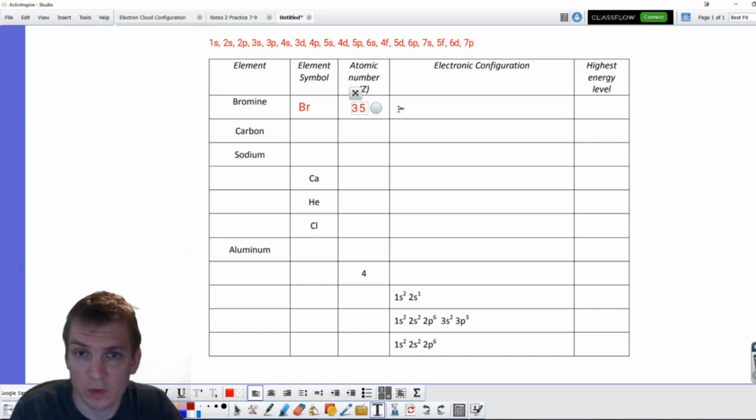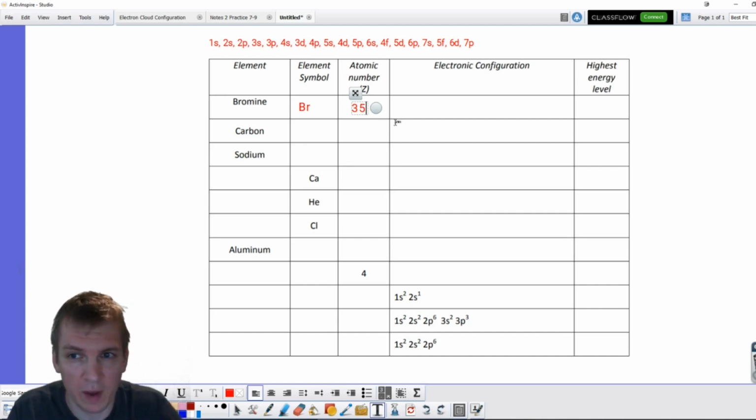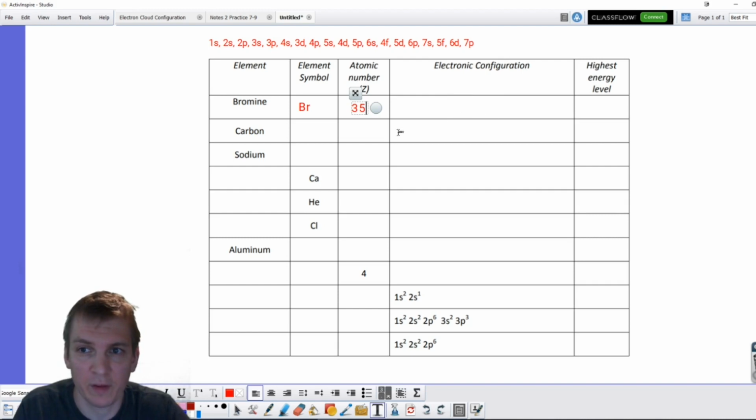Okay? So let's keep that in mind, the 35 electrons, and we now have to figure out what the electron configuration is. And I went ahead and just pasted the order up here from the slide that we just looked at. And so we're going to go ahead and fill those in together.